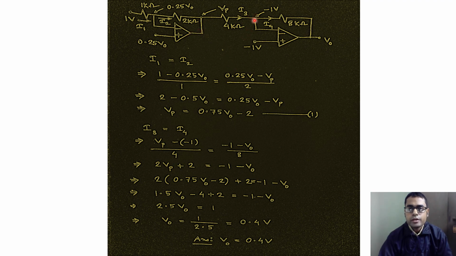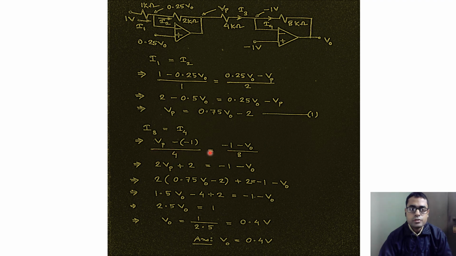Okay, so looking at this node, we know that I3 is equal to I4, and therefore we can frame the expression for I3 as Vp minus minus 1 volt divided by 4 kilo ohm, which should be equal to minus 1 volt minus V naught divided by 8 kilo ohms.